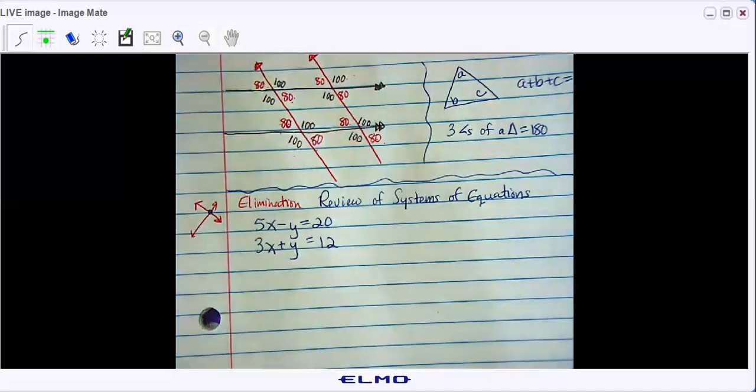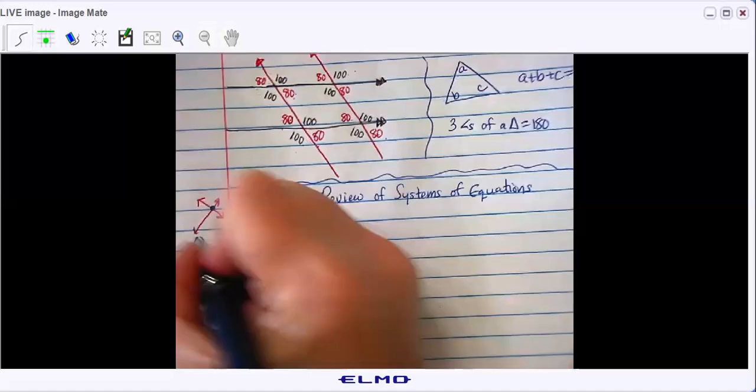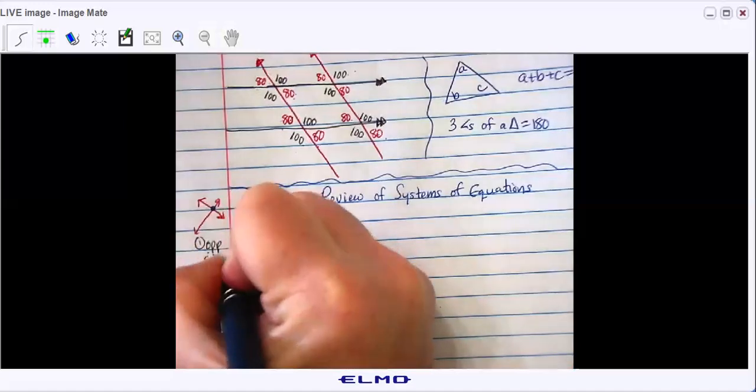And there's a requirement for that. Actually, there are two requirements, but just counting. Requirement number 1 is that they have opposite signs, like a plus and a minus.